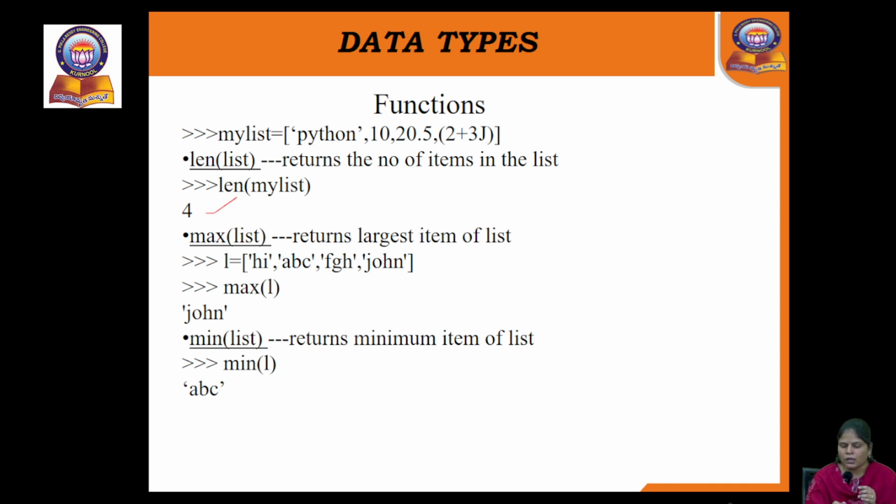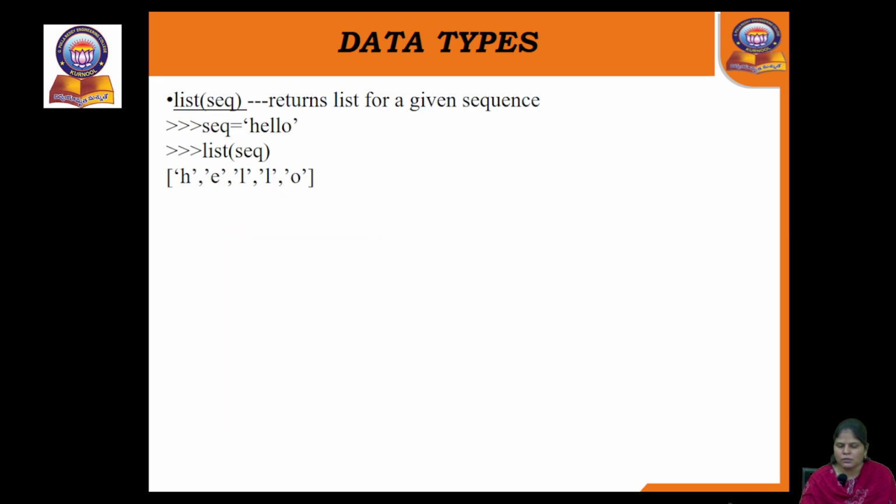That's why whenever you are applying max and min, just keep in mind that the list is a homogeneous list. So: hi, A B C D F G H, John. Of these, John, with J, has the maximum ASCII value, so it will give the output John. And for min, A has the minimum ASCII value, so the minimum value is ABC. Right? So these are all the functions we have.